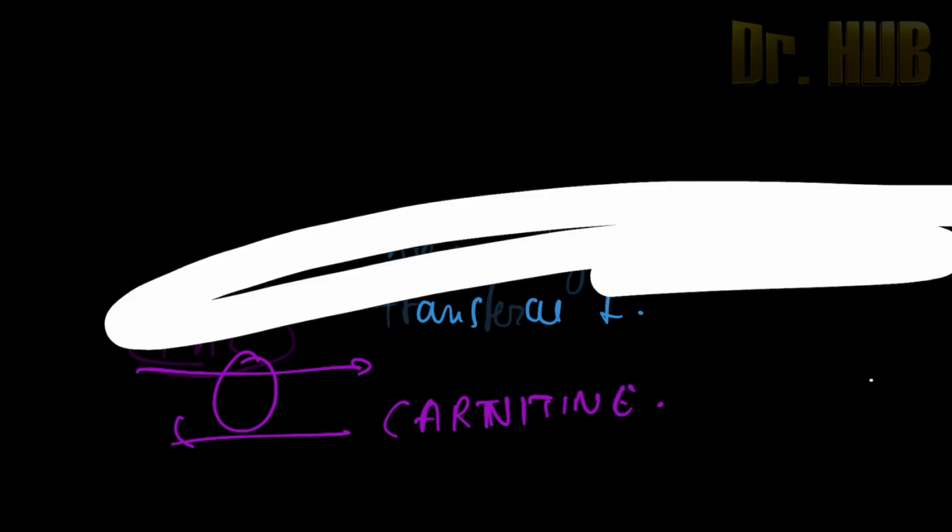Now let's move on to the mitochondria. This will be the mitochondrial matrix, the fatty acyl carnitine. From the fatty acyl carnitine, it will form the fatty acyl CoA.